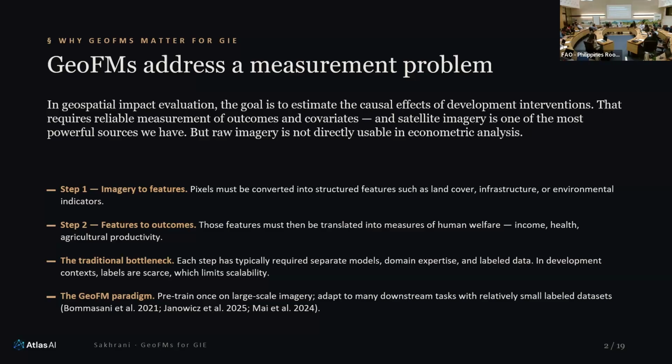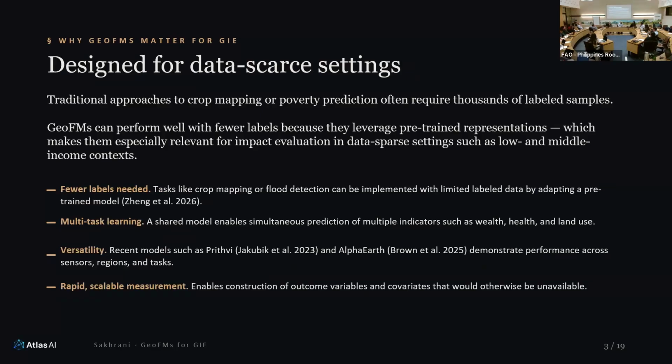The GeoFM paradigm is one in which you pump a very large, complex model with a lot of imagery and a lot of labels, at least the ones you can get a hold of, and then hope the model does really well at reproducing some of this information, whether it's predicting those features or the outcomes. This is really designed for data scarce settings. But the reason we think this has a lot of promise is because you could use the same model for a variety of task-specific outcomes.